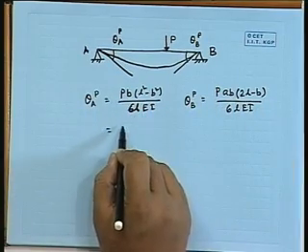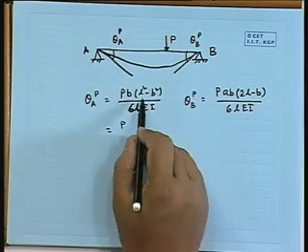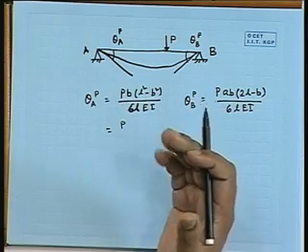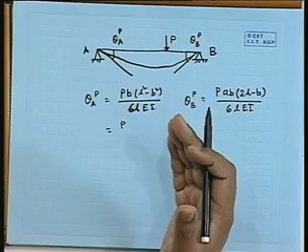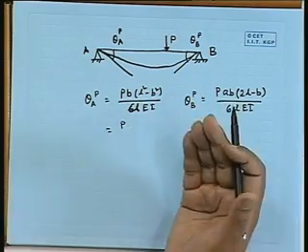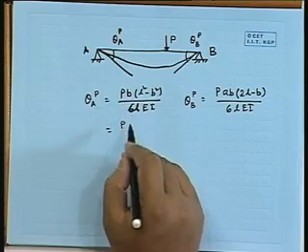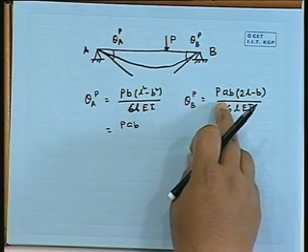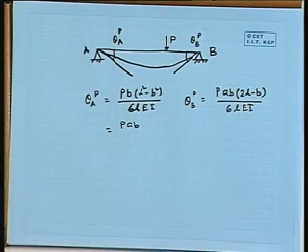So here we can write P. So L square minus B square you can write as (L plus B)(L minus B). So L minus B is A. L minus B will be equal to A. So this A, if we take common, it will be A B. So here A B is there. I want to bring it there. Okay.